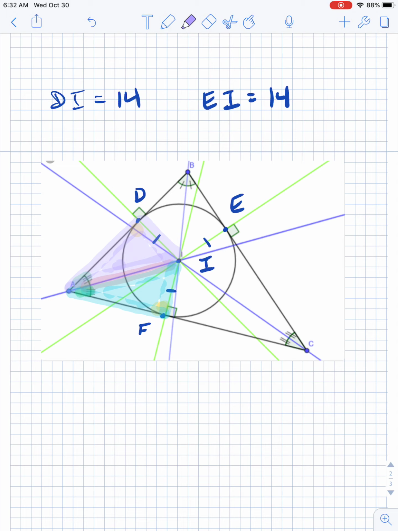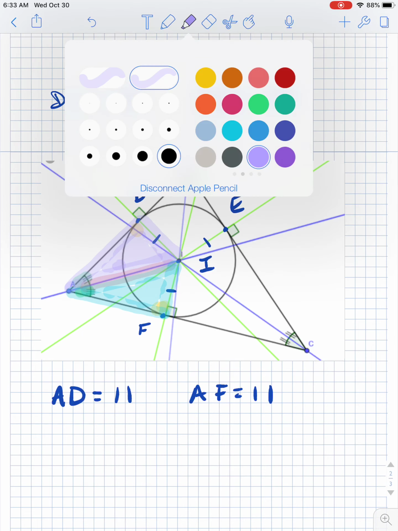So if I were to be given that AD is equal to 11, then that means that AF is also equal to 11. Okay. Another thing that I want to point out, and that's going to be the case with all of the rest of the triangles that are made. So let me change colors here.